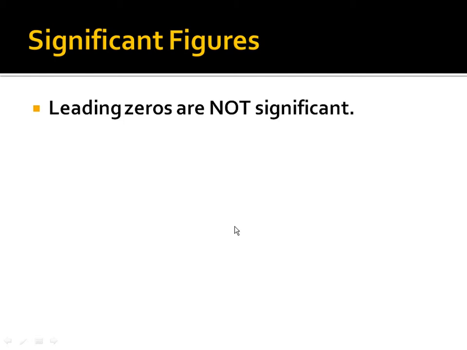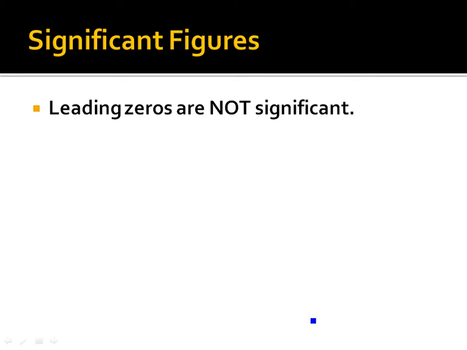Now we are going to look at the two possibilities for zeros that are not significant. I call these zeros leading zeros, meaning that they are zeros before a non-zero digit. Okay, so let's look at an example here. Our leading zeros are not going to be significant.